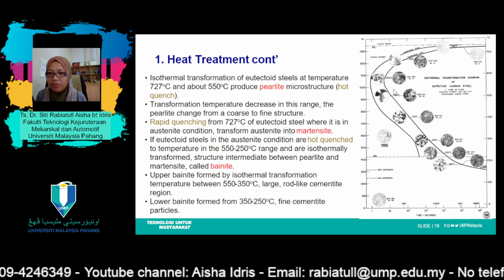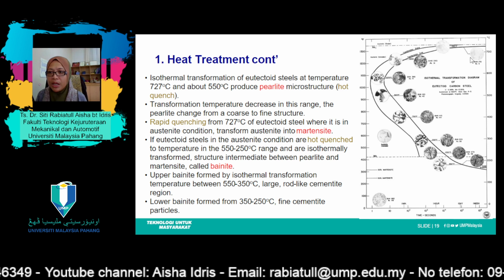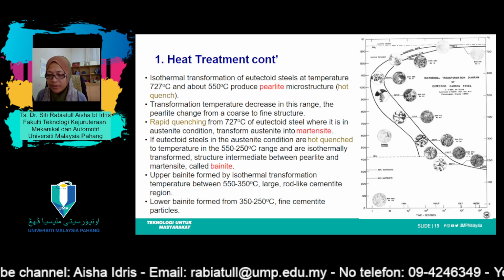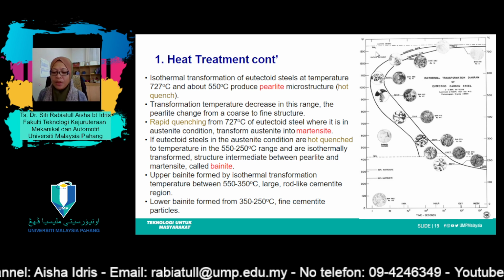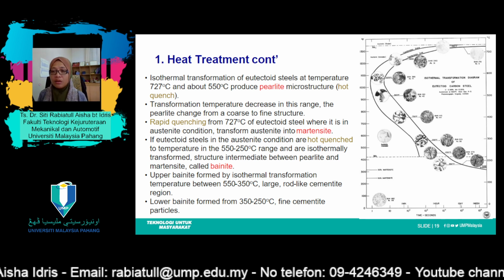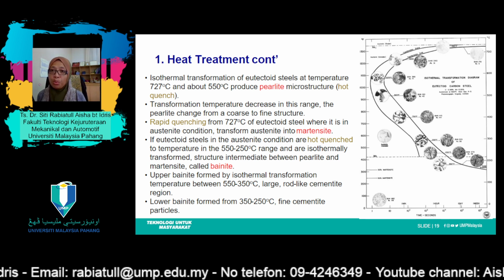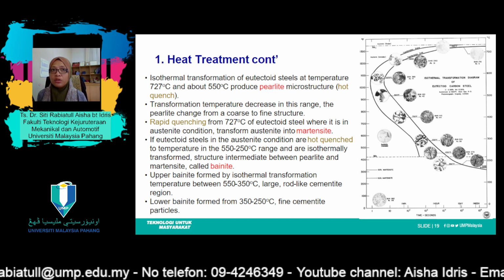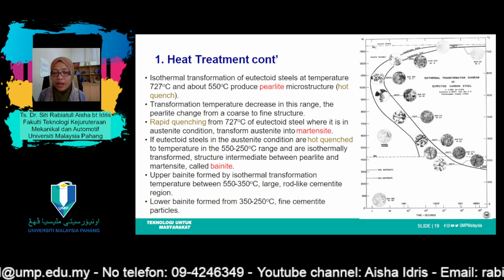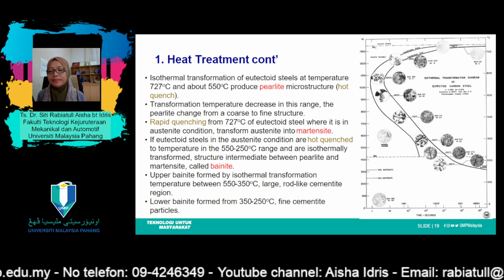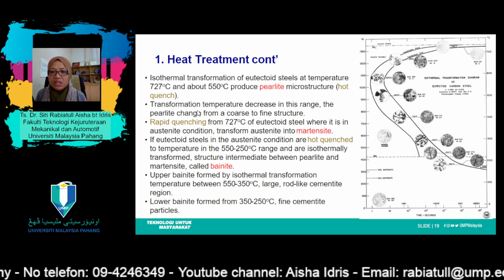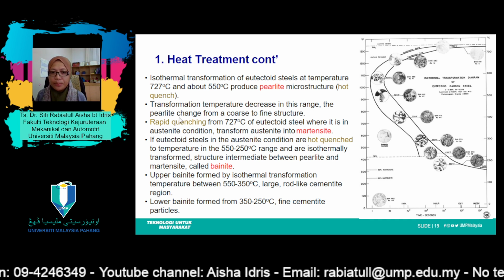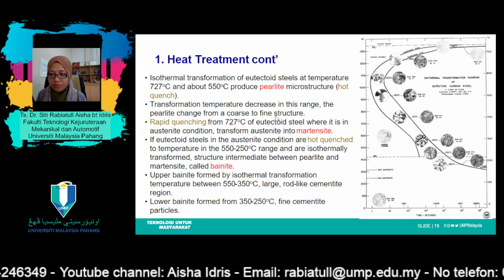The area around here actually produces a pearlite microstructure through hot quenching. Hot quenching means the temperature of the solution is controlled to a certain temperature so that it would drop drastically. As the transformation temperature decreases in this range, the pearlite changes from coarse to fine structure.